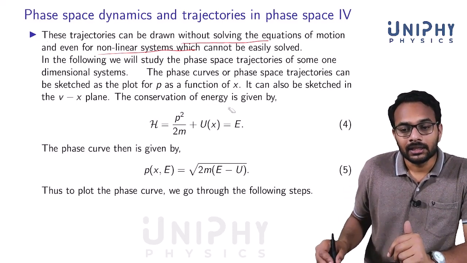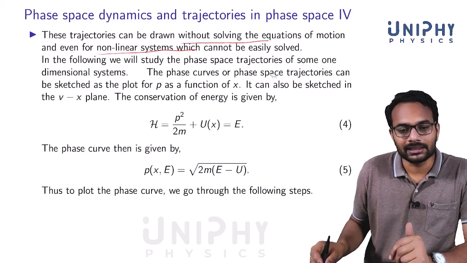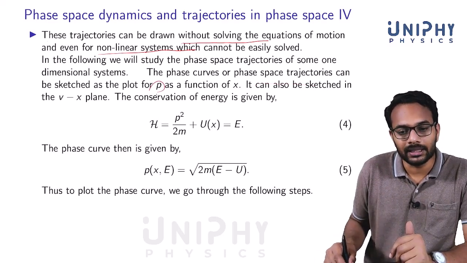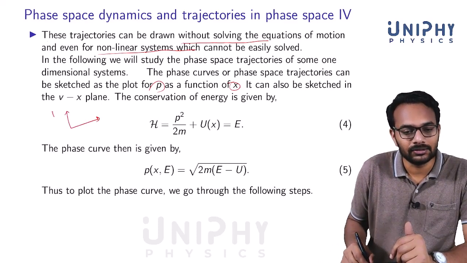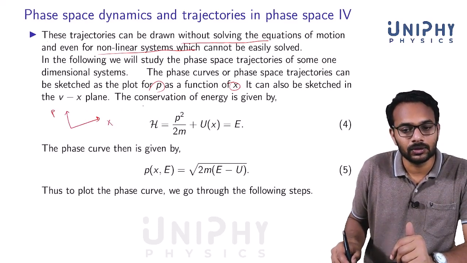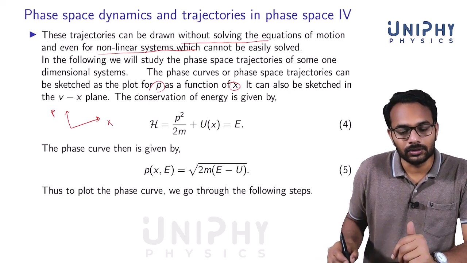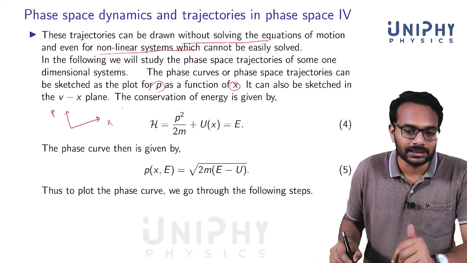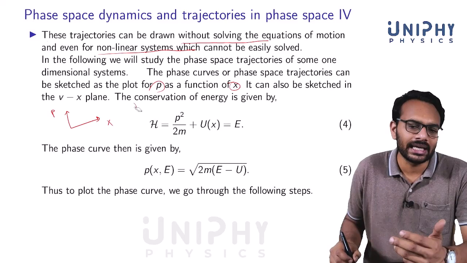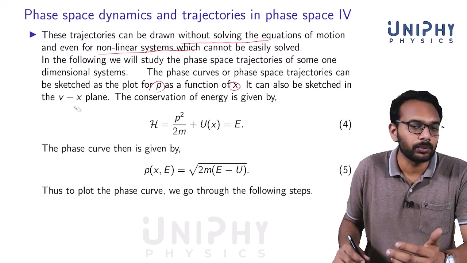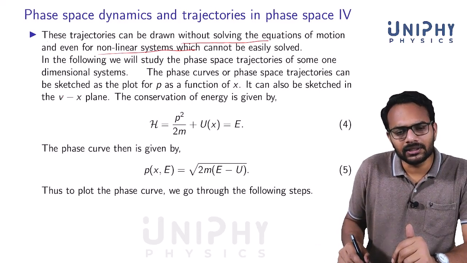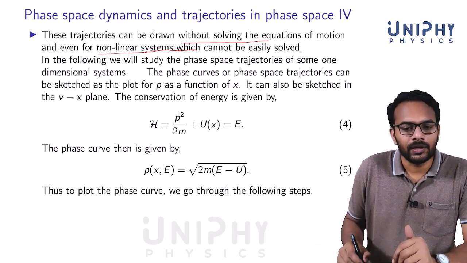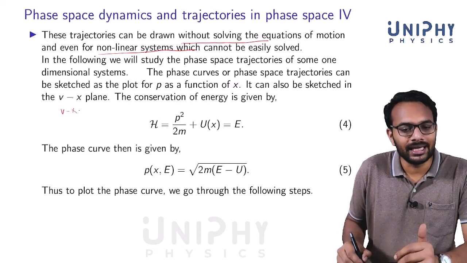The phase curves or phase space trajectories can be sketched as a plot of P as a function of x. Because we have got the phase space, we have got P and x. So basically what you need is to obtain the phase space trajectories P as a function of x, or x as a function of P. Often it's also sketched in the velocity-x plane, the v-x plane.